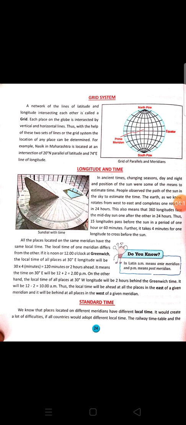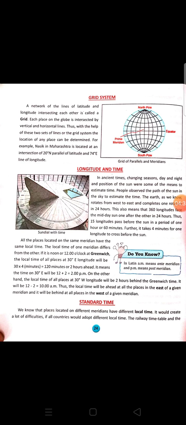Further, it takes 4 minutes for one longitude to cross before the sun. All the places located on the same meridian have the same local time. The local time of one meridian differs from the other.